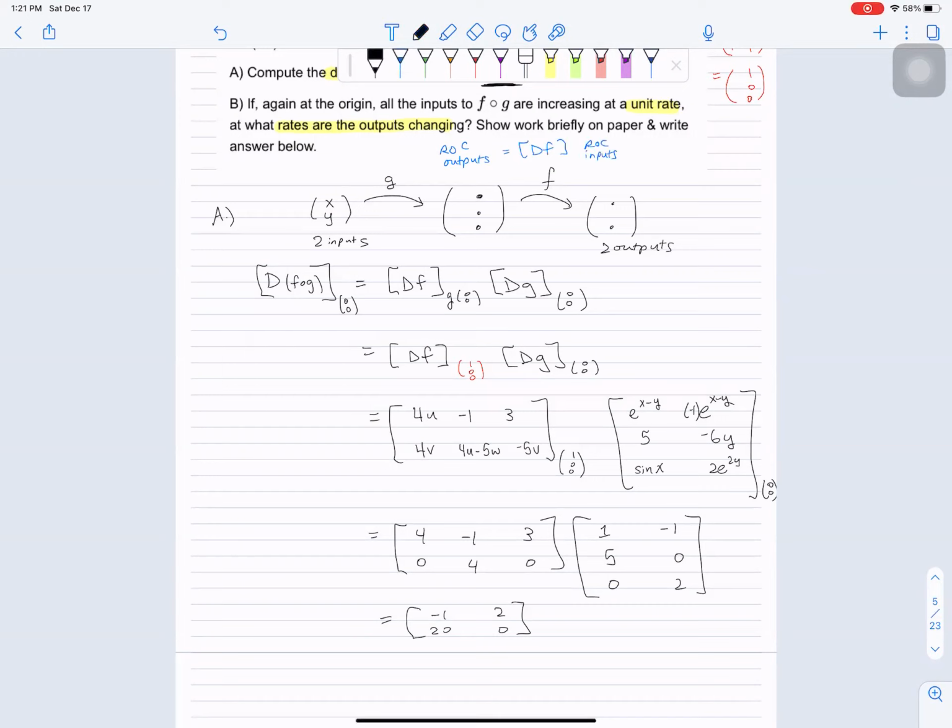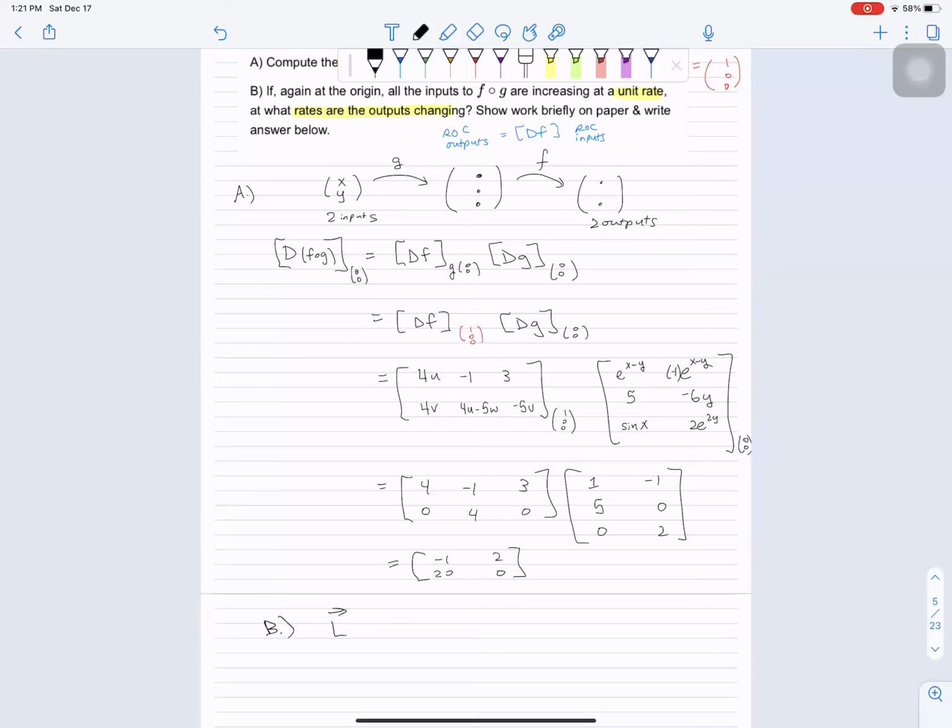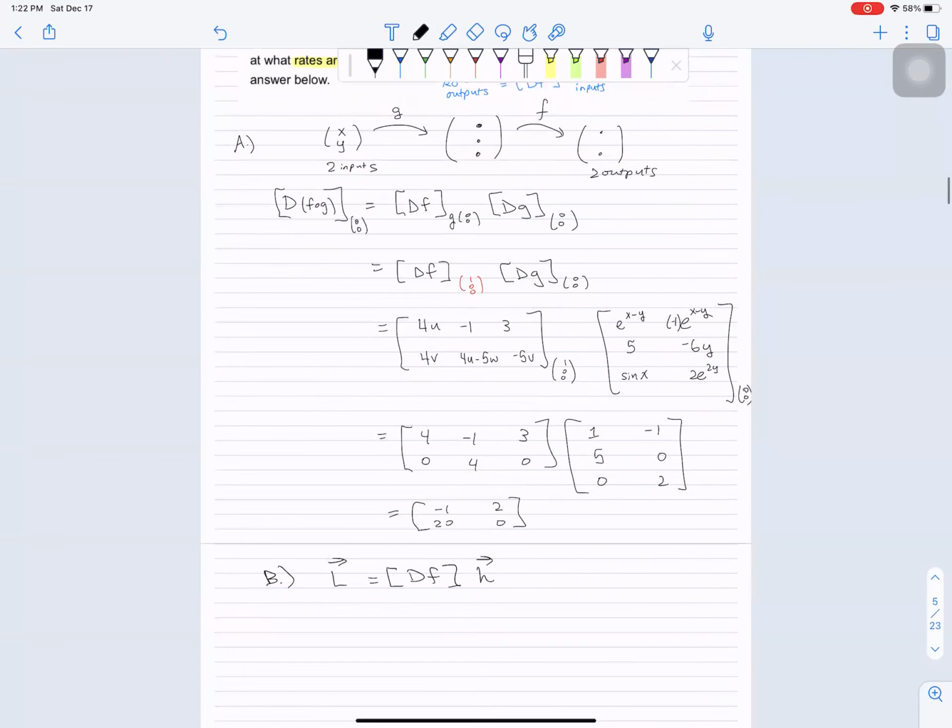I'm trying to find my rate of change of outputs. I'll call it L for now. It should equal the derivative matrix in general times some rate of change of inputs. What is my derivative matrix I'm considering? I'm considering the derivative matrix of the composition. What was that derivative? I found in part A, it's this matrix. What should H be?